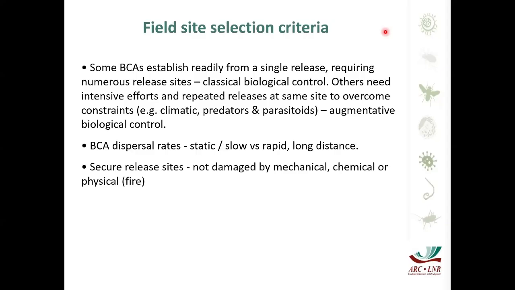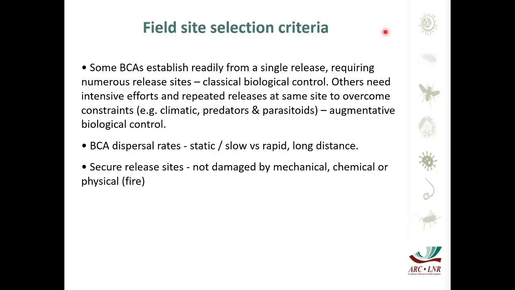In terms of field site selection criteria, as I've mentioned, some agents established readily from a single release, and others require numerous intensive efforts, and we refer to those as augmentative biocontrol. The agents are pre-programmed. It's inherent whether they disperse rapidly or slowly.